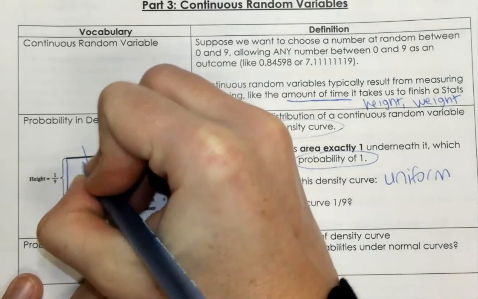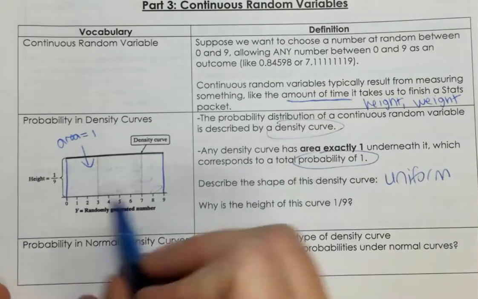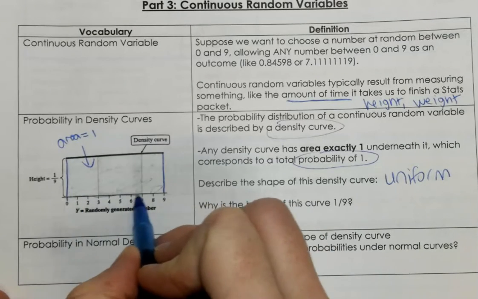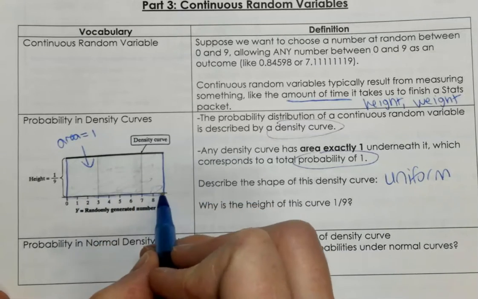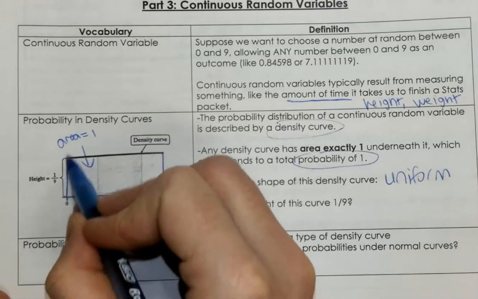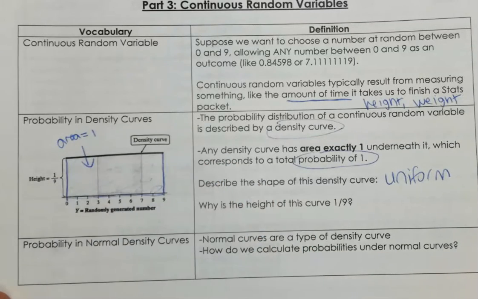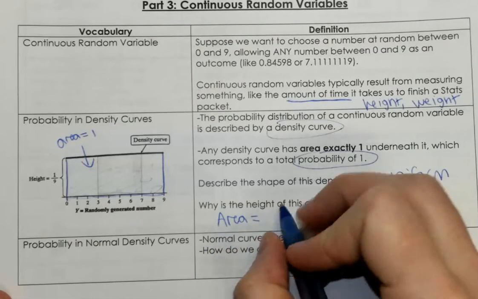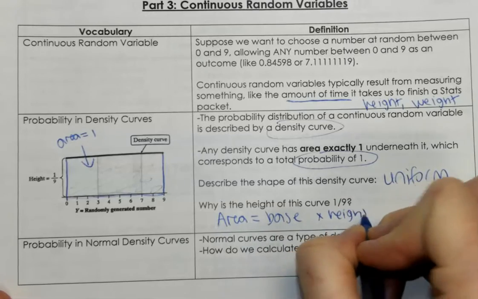All we did was we knew that the area underneath the curve is equal to 1. So what we did is we saw how many units this continuous random variable had. It goes from 0 to 9. So the height is going to be 1 divided by 9, because think about it, area is equal to base times height, right?